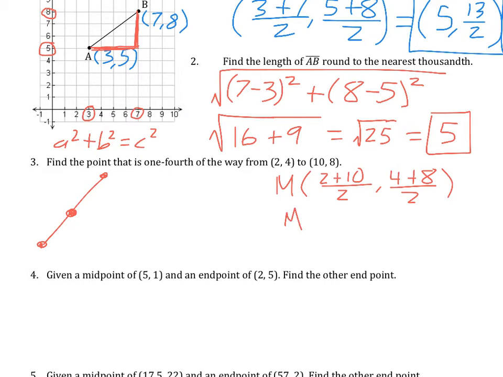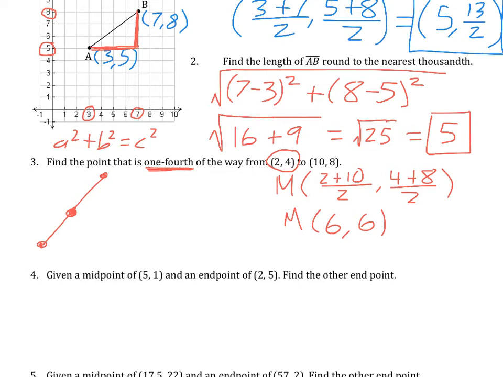So you get 12 divided by 2 is 6, and 12 divided by 2 again is 6. Alright, so once you know the midpoint, now you have to find the midpoint again. And since we want to be 1/4 of the way, we want to be closer to 2, 4. If that said 3/4 of the way, then we would want to be closer to 10, 8.